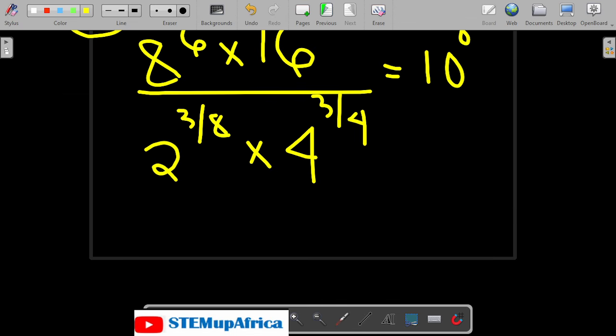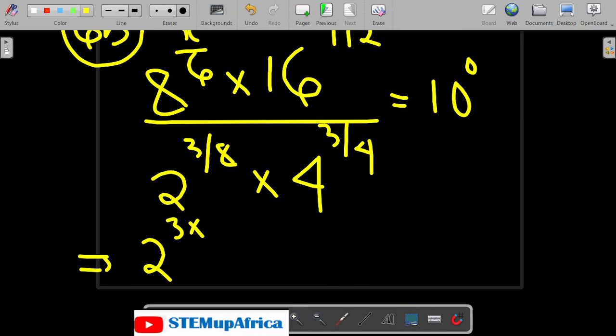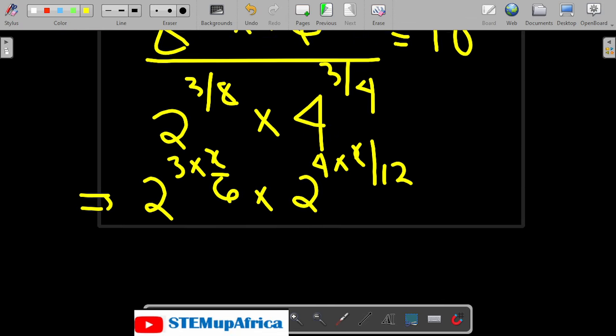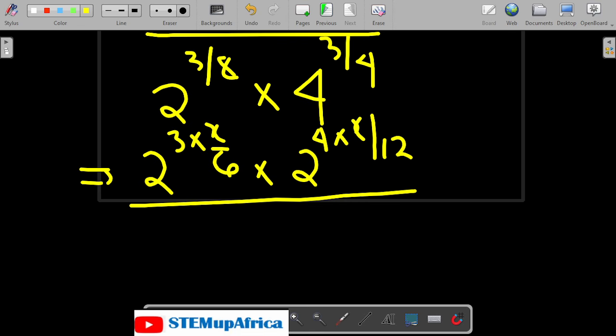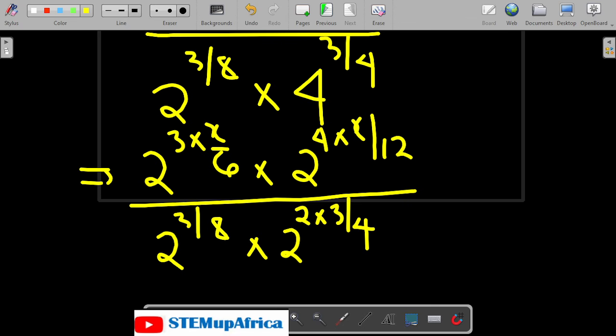So what are we having here? This implies 2 raised to power 3 times x over 6 times 2 raised to power 4 times x over 12, divided by 2 raised to power 3 over 8 times 2 raised to power 2 times 3 over 4.